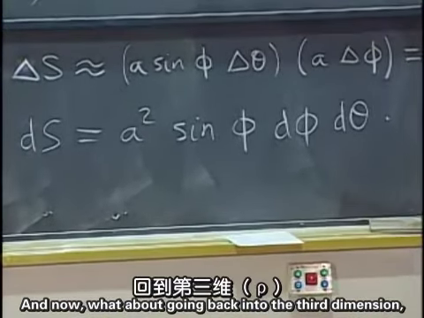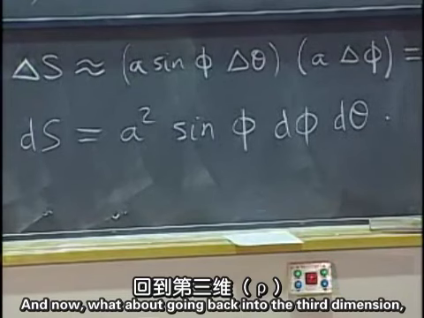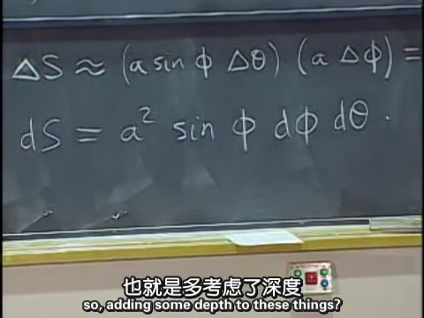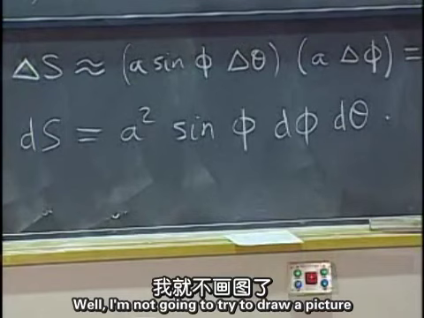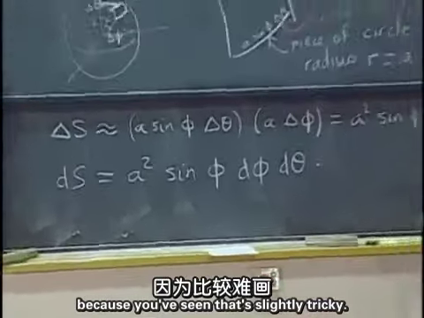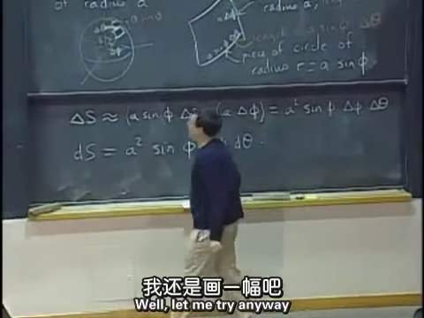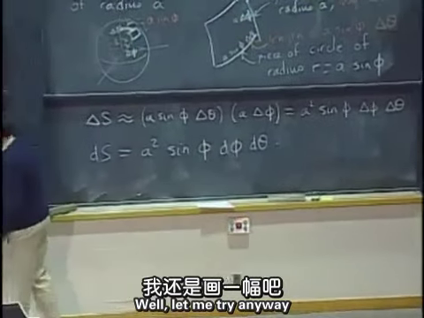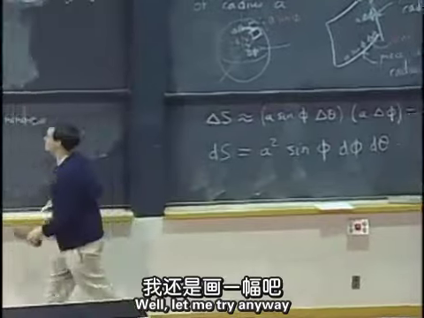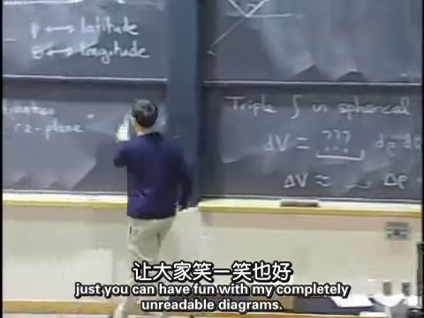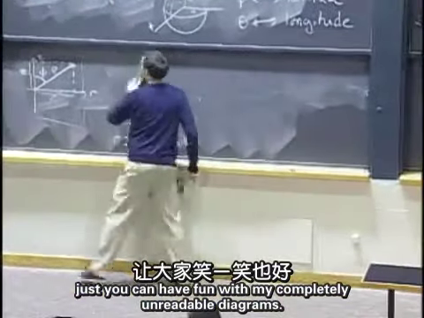Now what about going back into the third dimension, so adding some depth to these things? Well, I'm not going to try to draw a picture because you've seen that's slightly tricky. Well, let me try anyway, just so you can have fun with my completely unreadable diagrams.